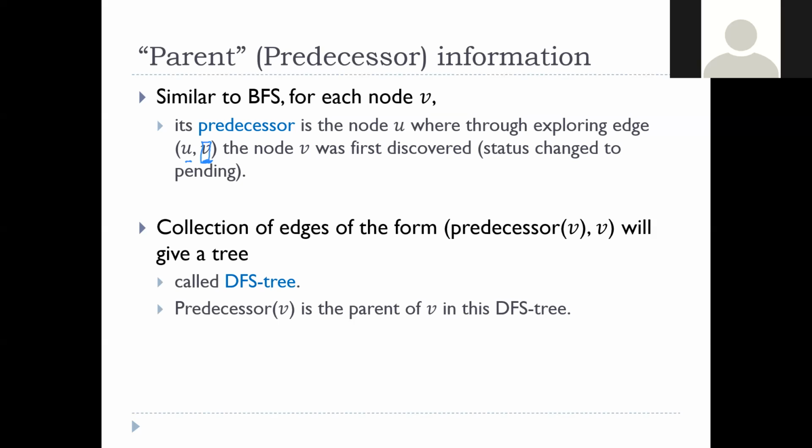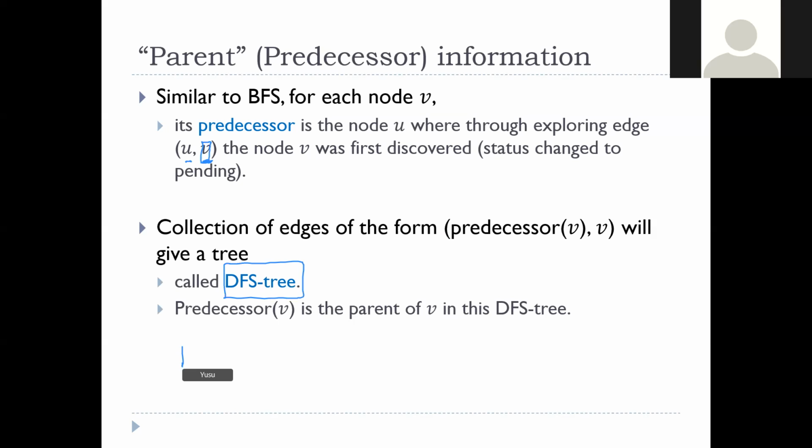The collection of such edges will also form a tree called a DFS tree. But this tree is different from the BFS tree, where the predecessors give you the shortest path information. This is not the case in the DFS tree.